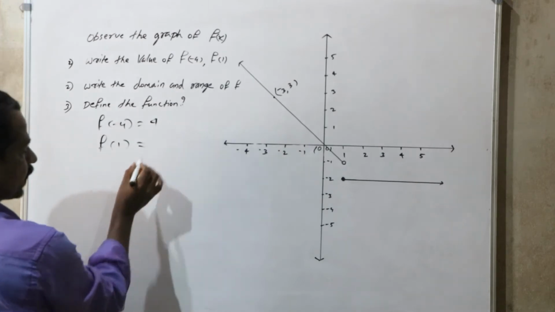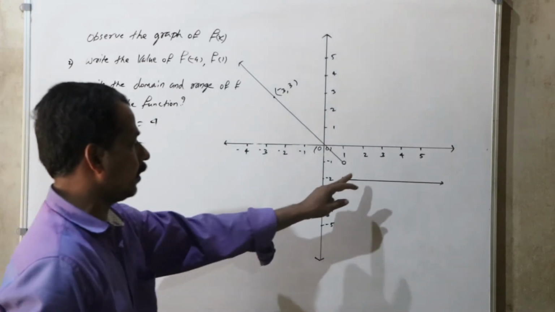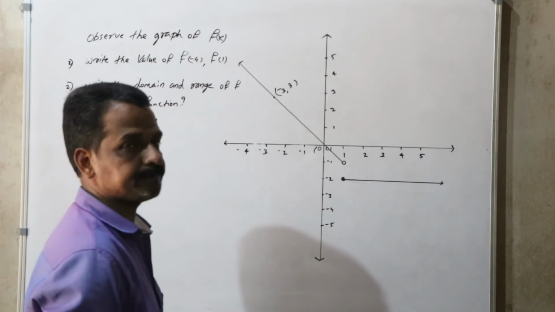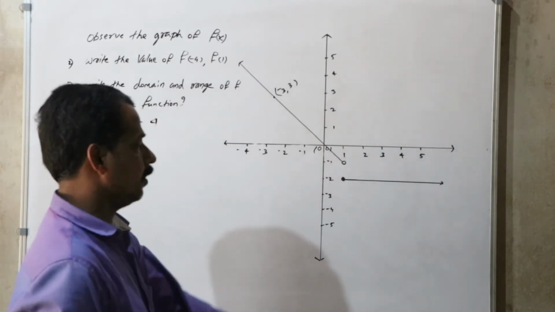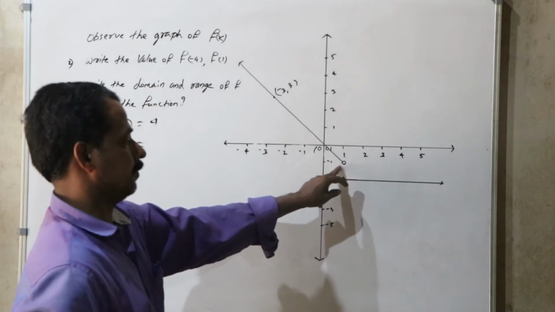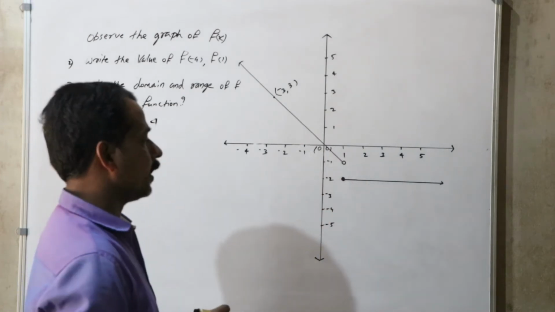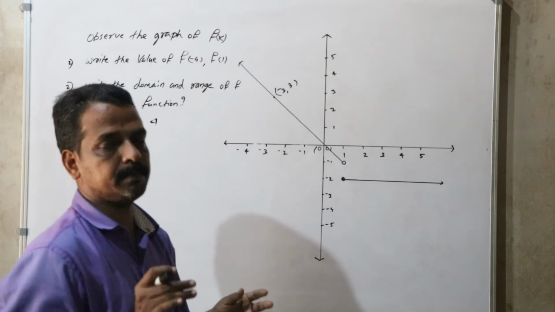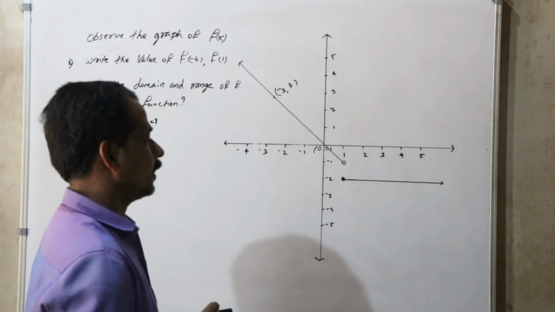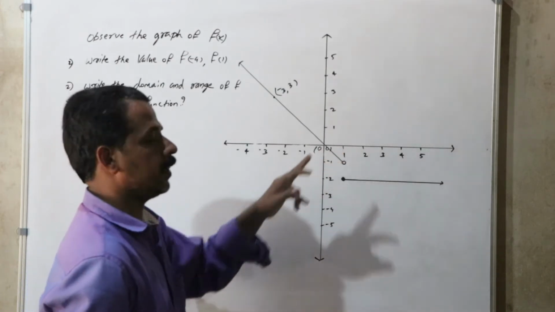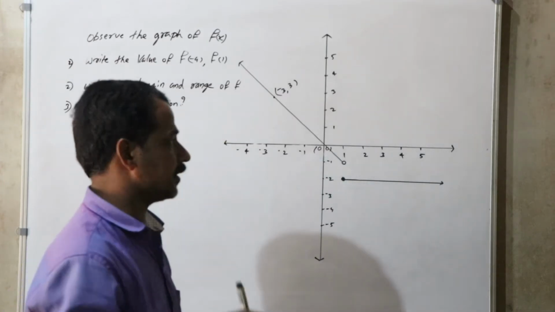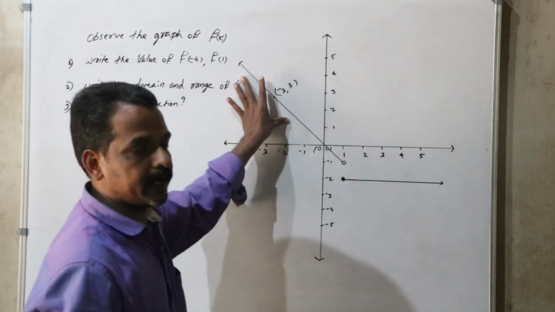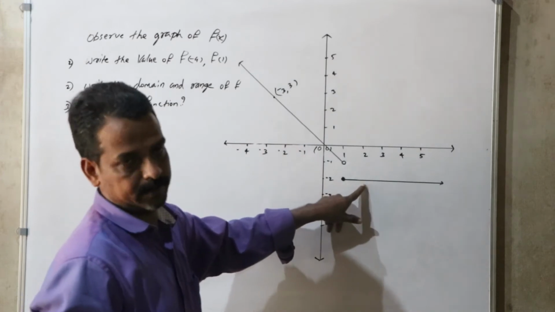F of 1 is equal to f of 1. 1 is in the fourth quadrant. Here we know something: does 1 belong to this graphical line or this graphical line?